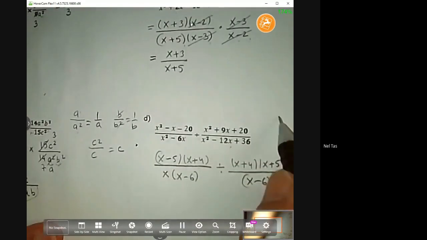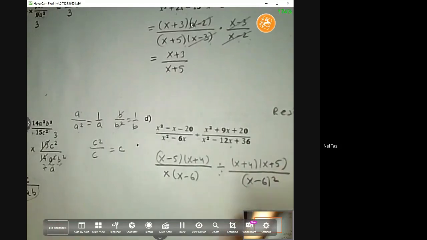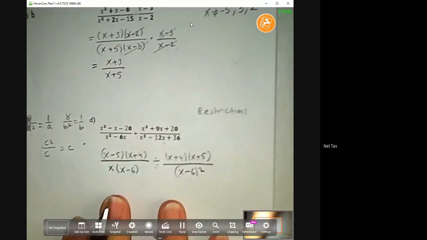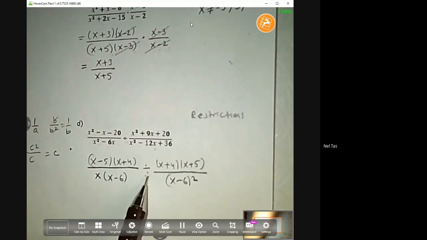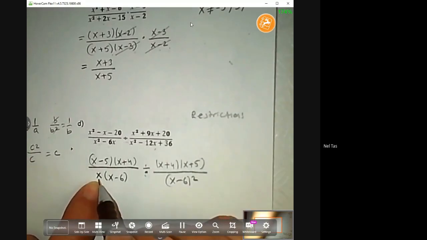Now let's state the restrictions before we get rid of the division, and then we are going to add some more if necessary after we get rid of the division. So again, first, without getting rid of the division, x cannot be 0.